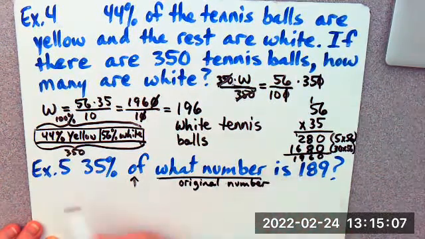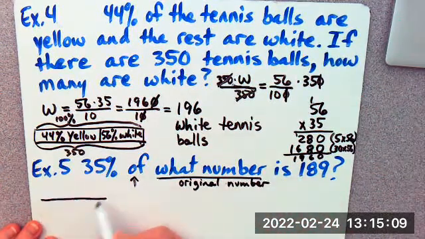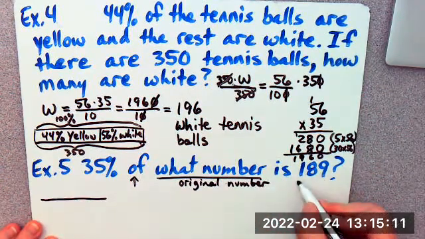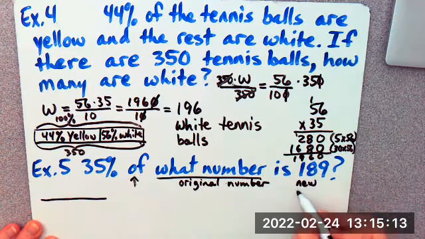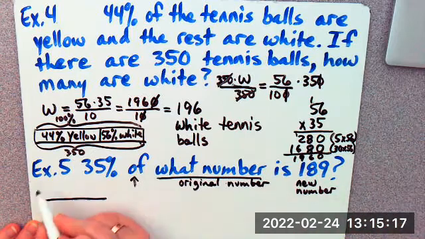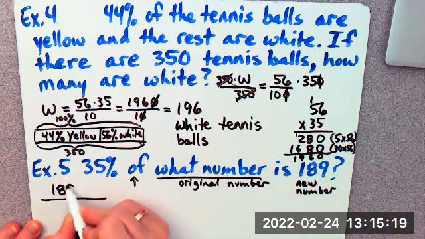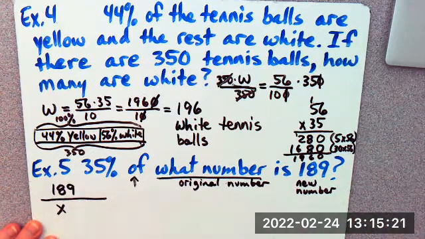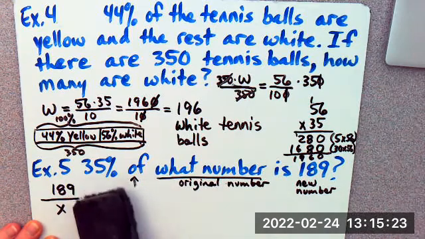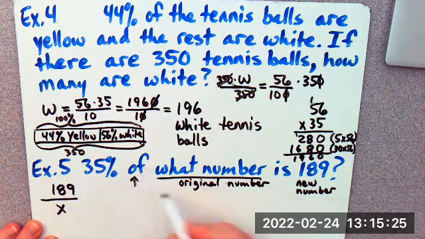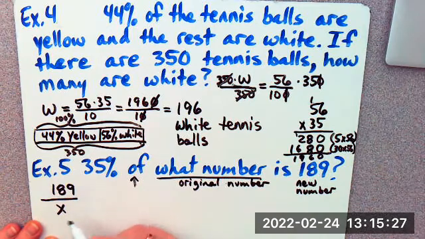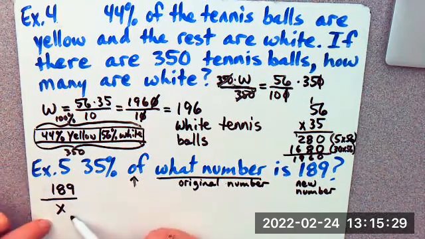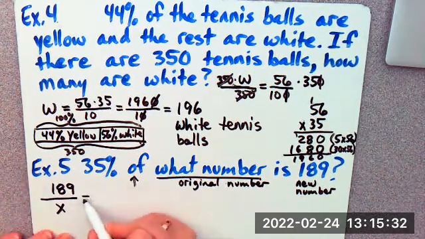Okay, so that changes the position of the X. So we know that this is the new number here. So 189 goes here, but we don't know what this number is. So look for keywords to know which number goes where, because the biggest mistake is to put the 189 down below.